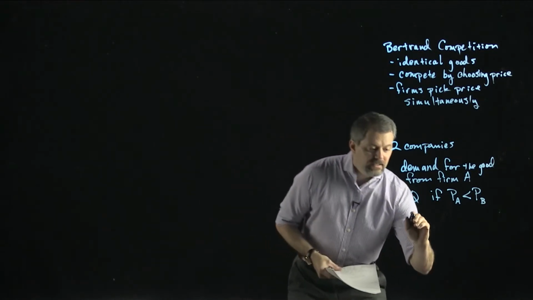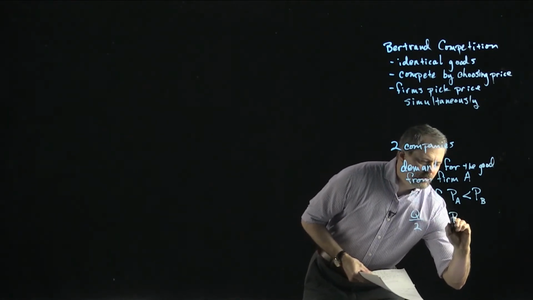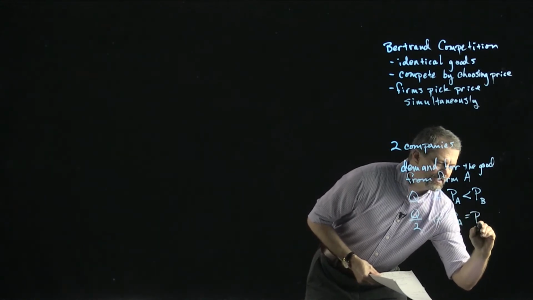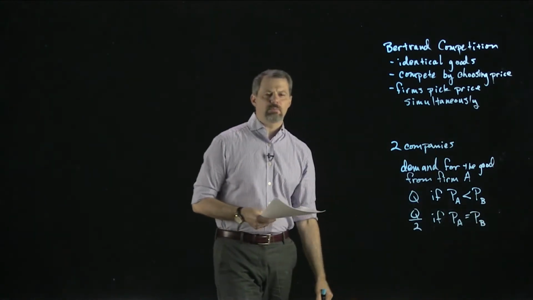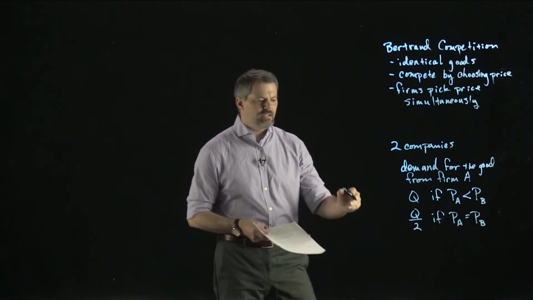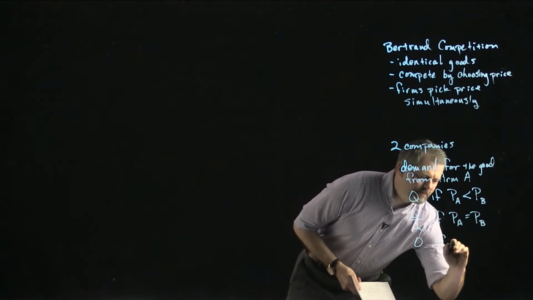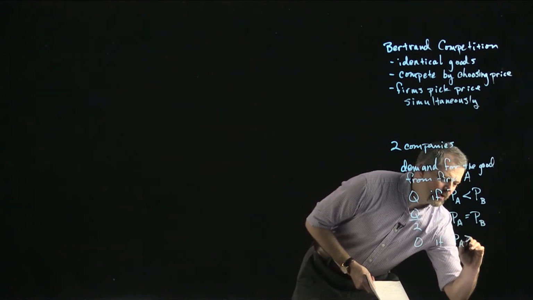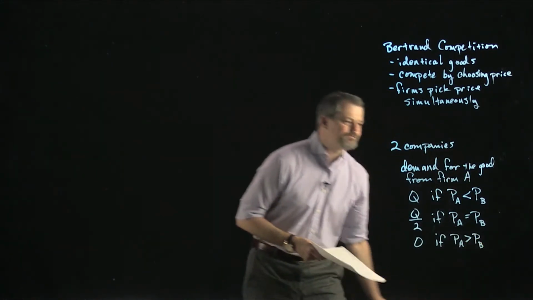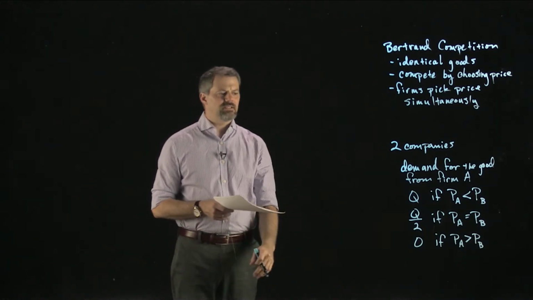It's going to be half the total quantity if firm A's price and firm B's price are equal to each other. So if they both choose the same price, they split the market. And then firm A will sell nothing if firm A's price is greater than firm B's price. So we get this kind of odd demand situation.